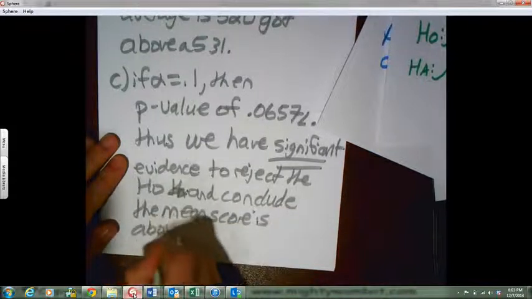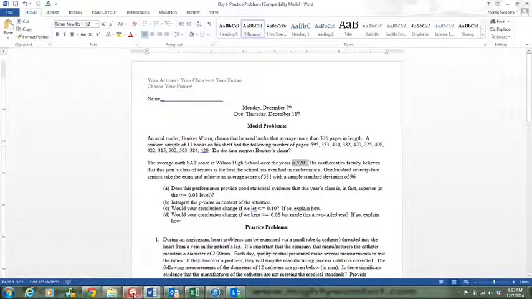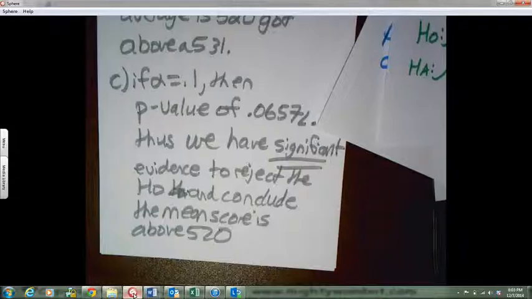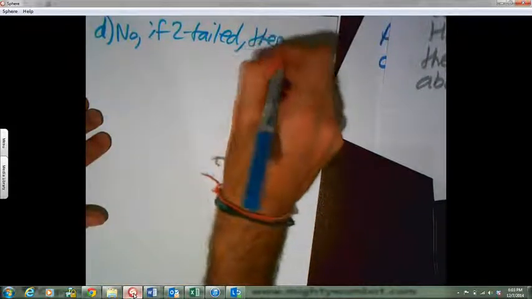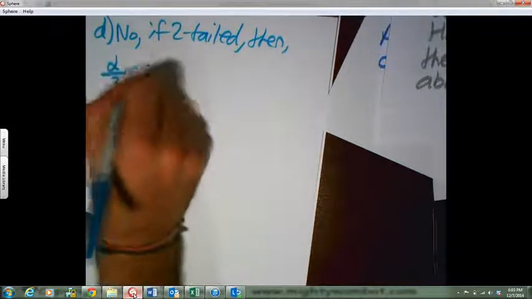Part D, if we made this a two-tailed test, would our conclusion change? No. If it's a two-tailed test, then alpha over 2 is 0.05 divided by 2, which is 0.025.